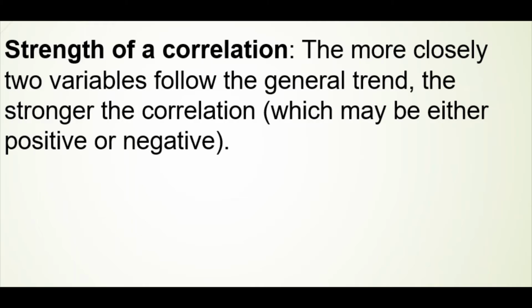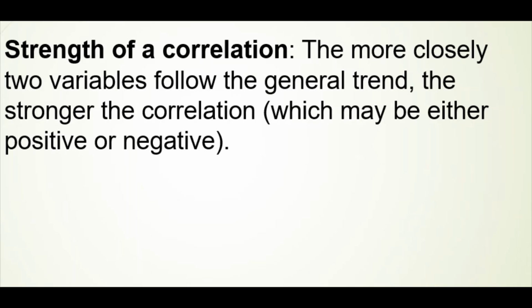It's just random. A perfectly strong correlation would be one where you could draw a straight line through all of the dots. That would be a very strong correlation. And then the farther away those dots get from that line, the weaker that correlation is going to be.